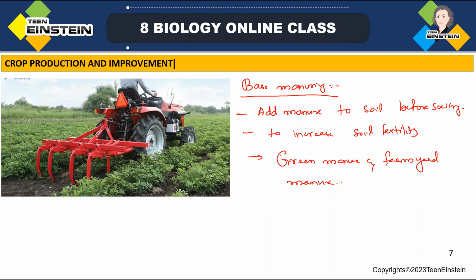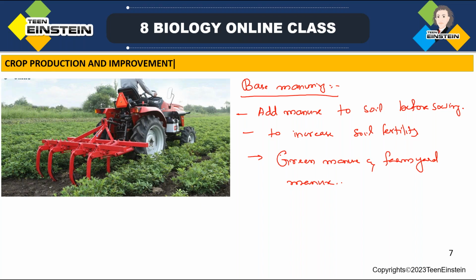That soil should be loose for proper breathing and for the right penetration of the root into the soil. While germinating, the seedling will have a very smooth root, and that should penetrate through the soil. So first you need to plow the land and make it loose.